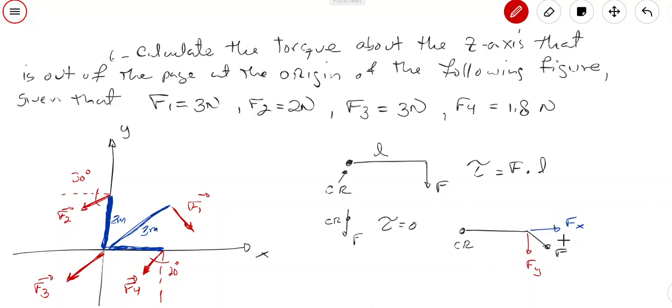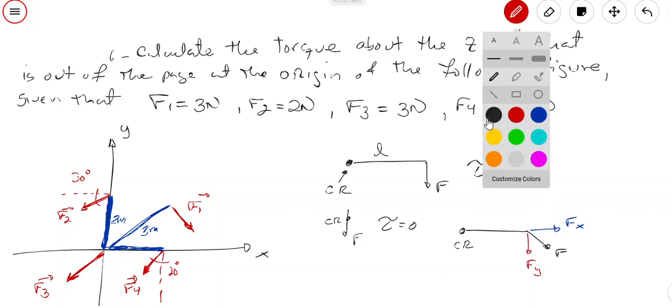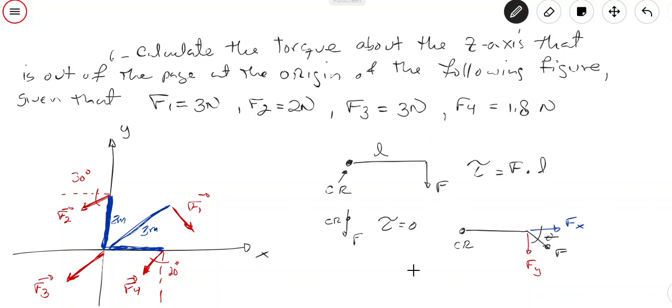Fx is not doing torque with respect to this point because the line of action of the force is just passing through the point. So Fx is not doing torque, and Fy, of course, is doing torque. So now, depending on the angle, we find the magnitude of the force Fy.